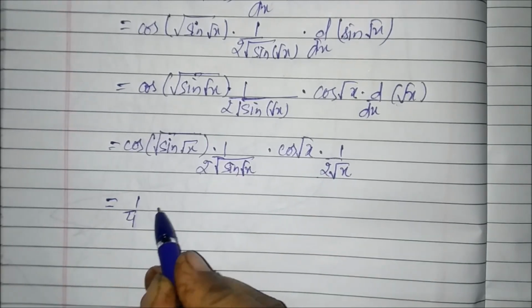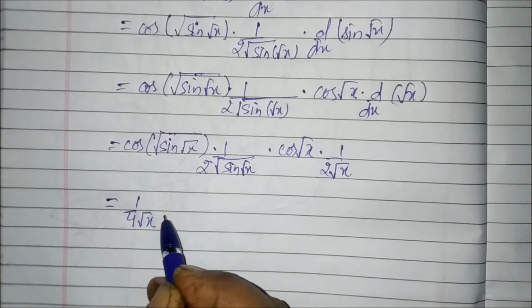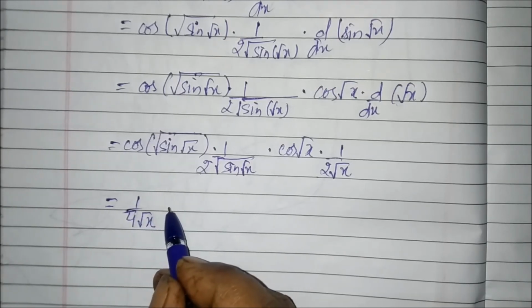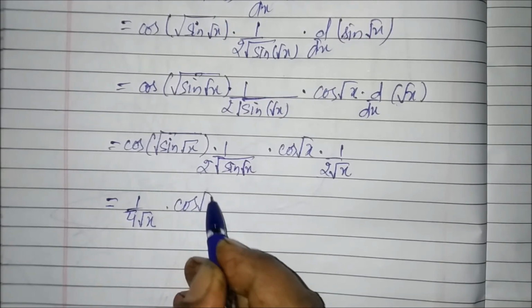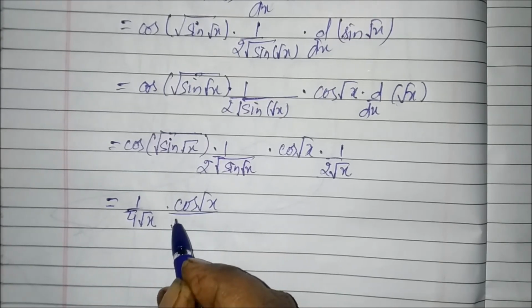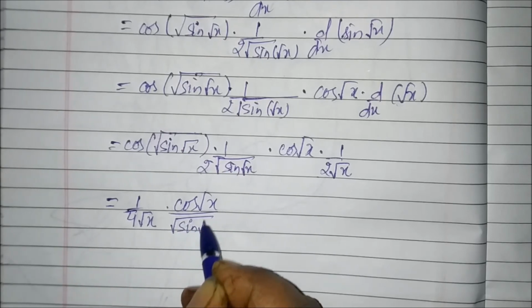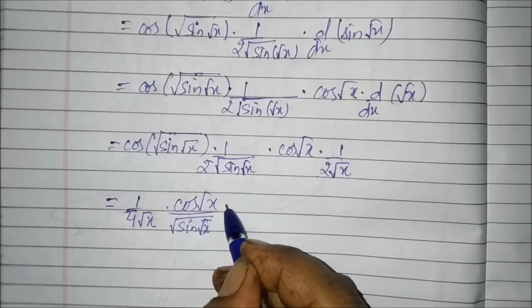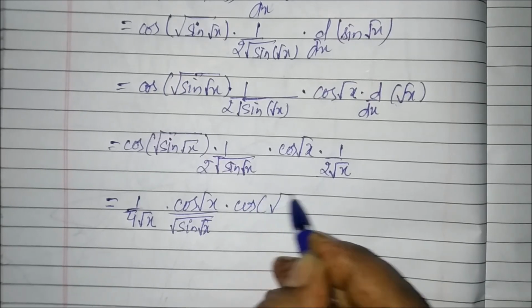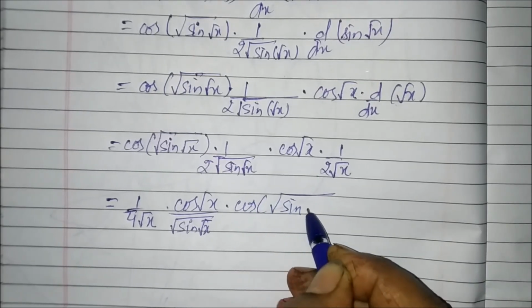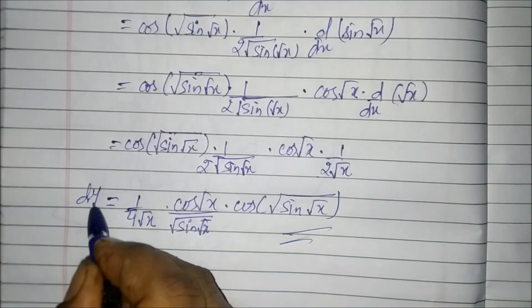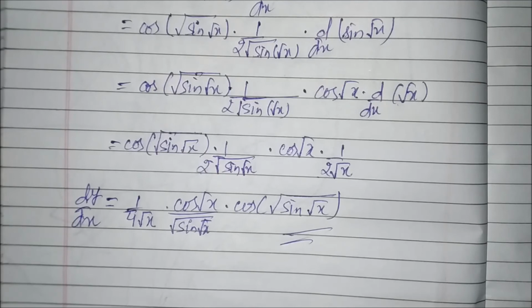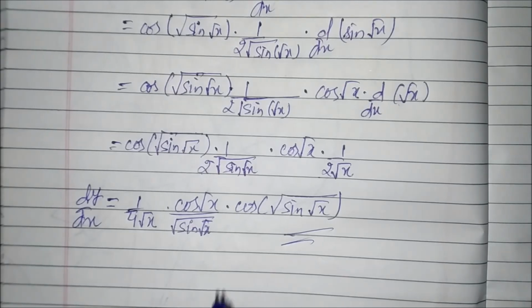So 1 by 4 root x into cos root x upon root of sine root x into cos of root sine root x. Okay, this is your dy by dx. So you can directly solve this question.